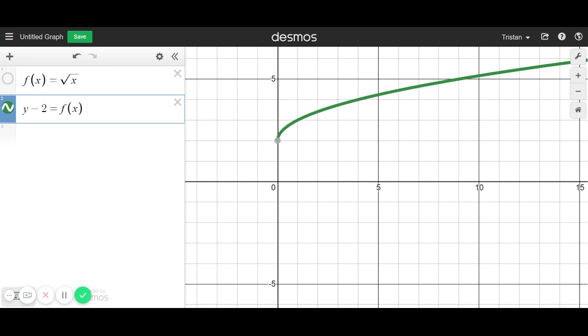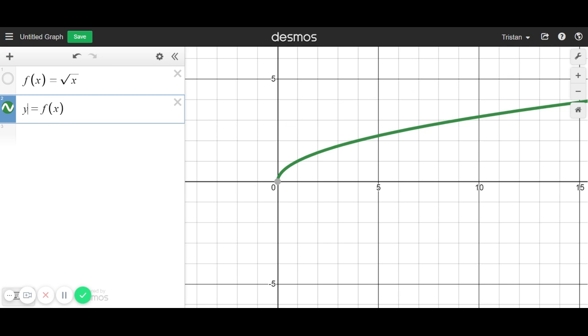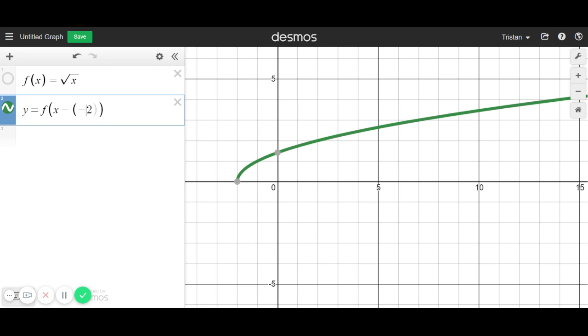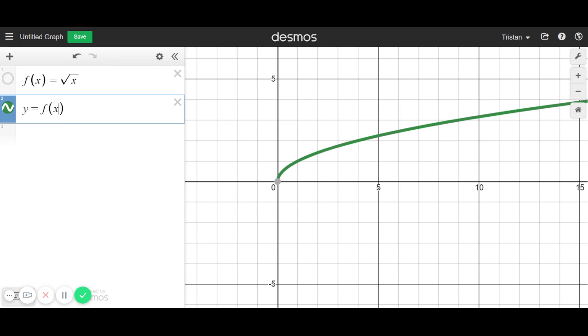It's the same idea that I explained before, which means if I subtract 2 from the x variable, it doesn't shift left, it shifts right. If I subtract negative 2, then it shifts to the left. And subtracting negative 2 is the same as adding 2. So there we go. That's basically how vertical and horizontal shifts work.